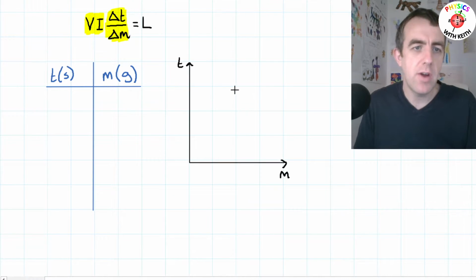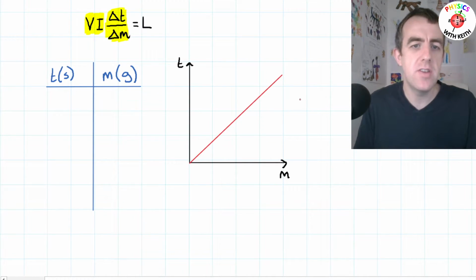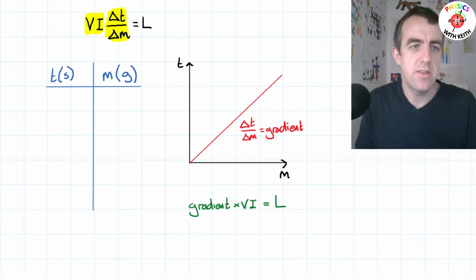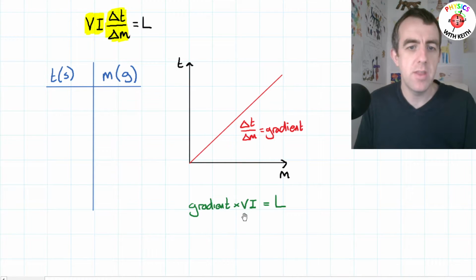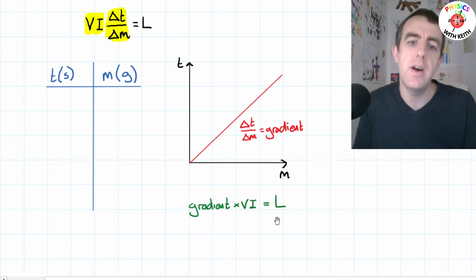We will then plot a graph of time versus mass, which seems like an odd way around. But we do that because we're going to be interested in the gradient of this line, which is delta T over delta M. Once we've determined the gradient of this line, we can then multiply that by the potential difference across the heater and the current through the heater to determine the specific latent heat of fusion of ice.